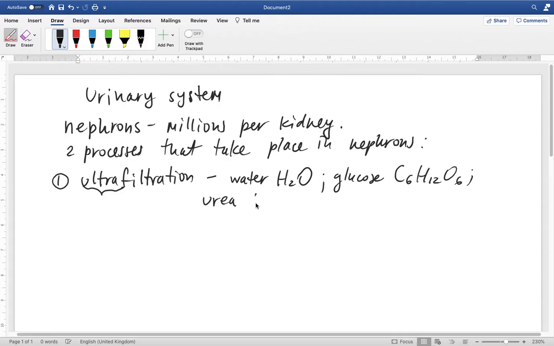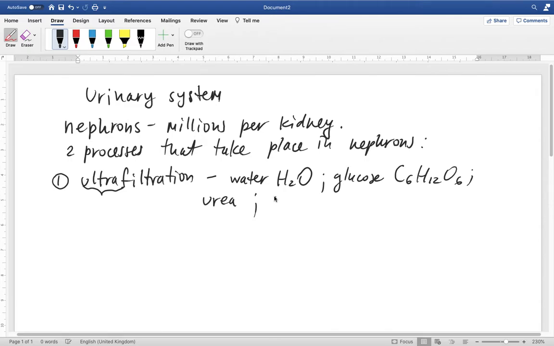And then I'm just thinking about other small molecules. So another small molecule I could think of are the molecules which make up proteins. So you should be able to name those molecules, the building blocks of proteins. I'm really hopeful that quite a few of you will be able to name those.